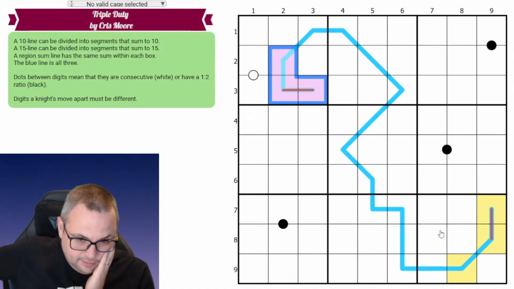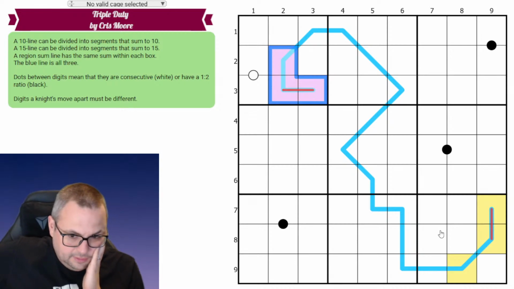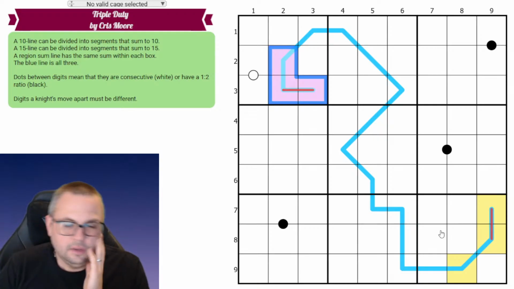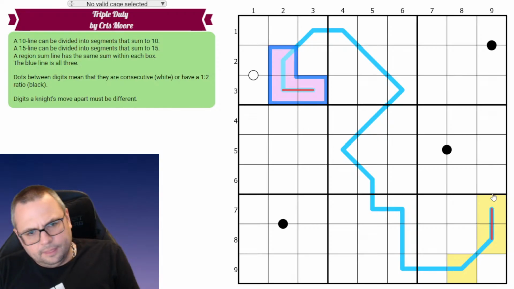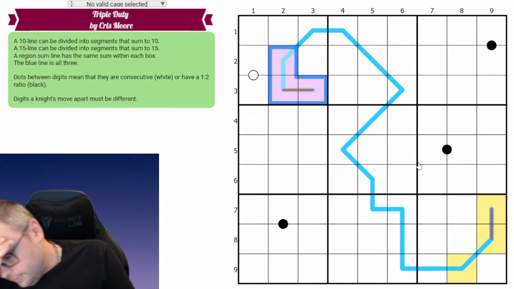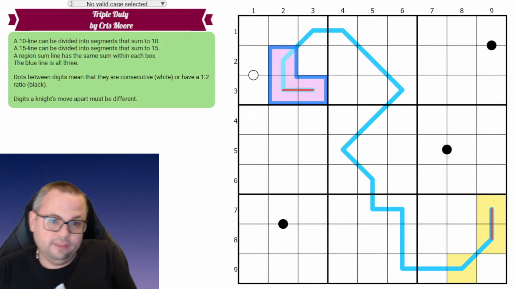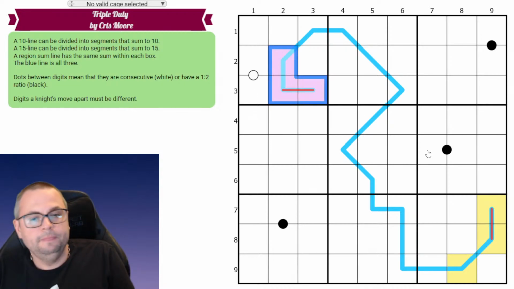Because if the region sum is only 12, then what is happening? So I want to say it's actually at least 18, because if it's at least 18, that will force these to be my 15 sums.